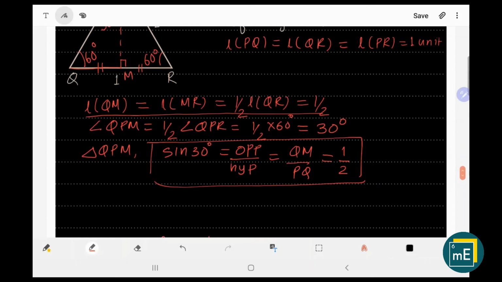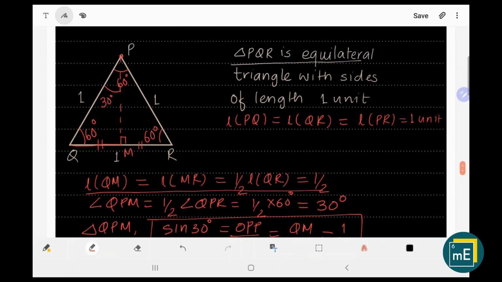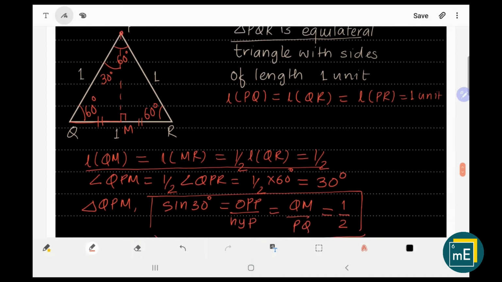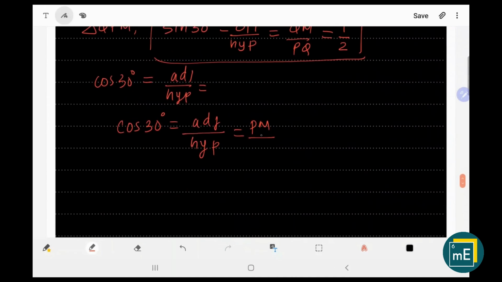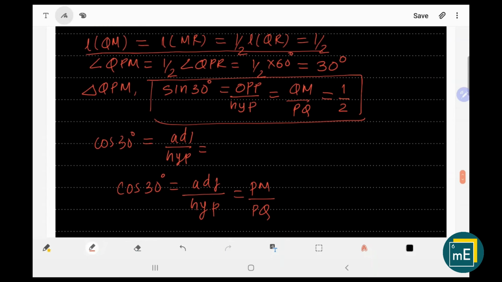In order to define cos 30, which is nothing but adjacent side upon hypotenuse, the adjacent side for this 30 degree angle is PM and the hypotenuse is PQ. So this becomes equal to PM upon PQ. So we need to know the length PM.